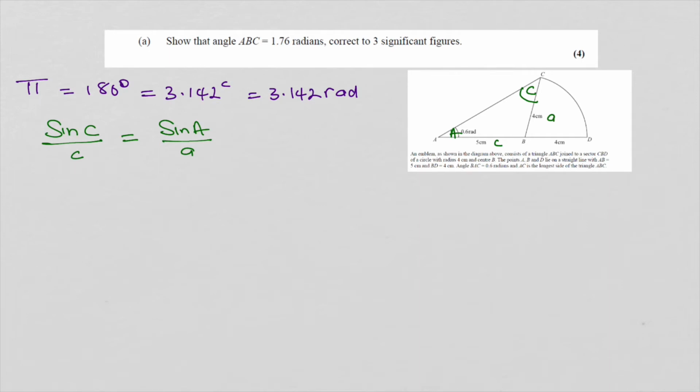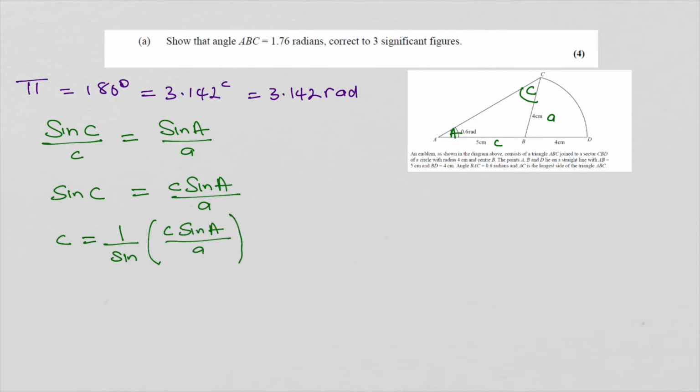And to find capital C, we have to say sine capital C equals, if I multiply both sides by little c, so that will cancel this c in the denominator, so I get c sine capital A over little a. Now, if I divide both sides by sine, I get C equals 1 over sine, open bracket, little c sine capital A over little a, close bracket.